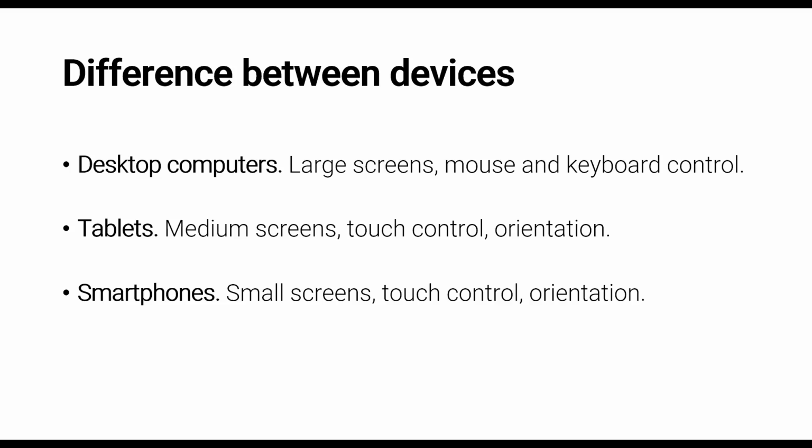You just use your swipe gestures. Also, portrait and landscape orientation support is required. So an authoring tool should support all these different variations, and when designing an authoring tool, you should keep all these parameters in mind.